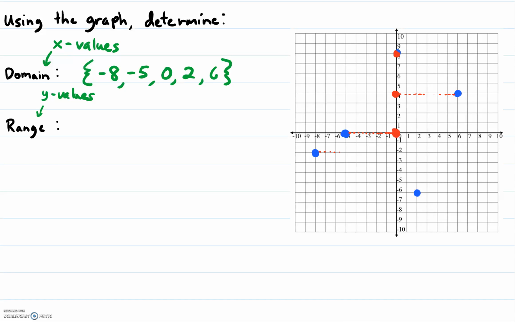The fourth point from the top tracks back to the y-axis at -2, and the bottommost point tracks to the left to a point of -6. And so we're just going to write down the y values of all of these points in red. So our range is going to be, I'll just start from the bottom, -6, -2, 0, 4, and 8.